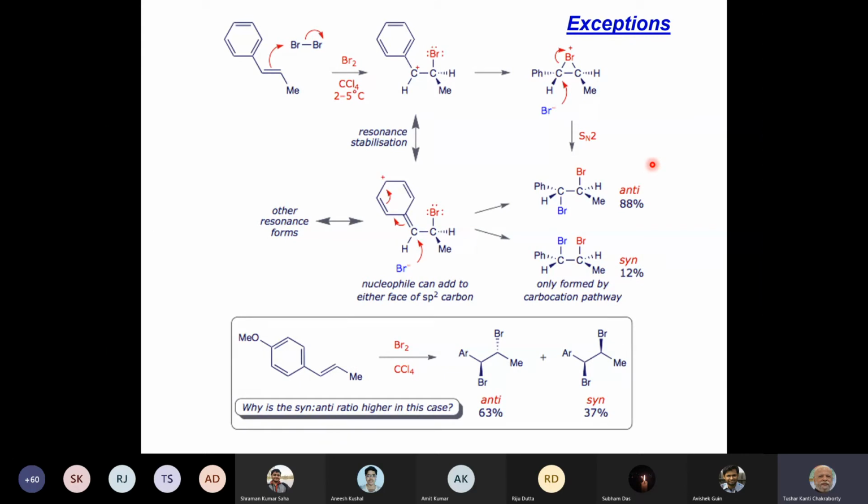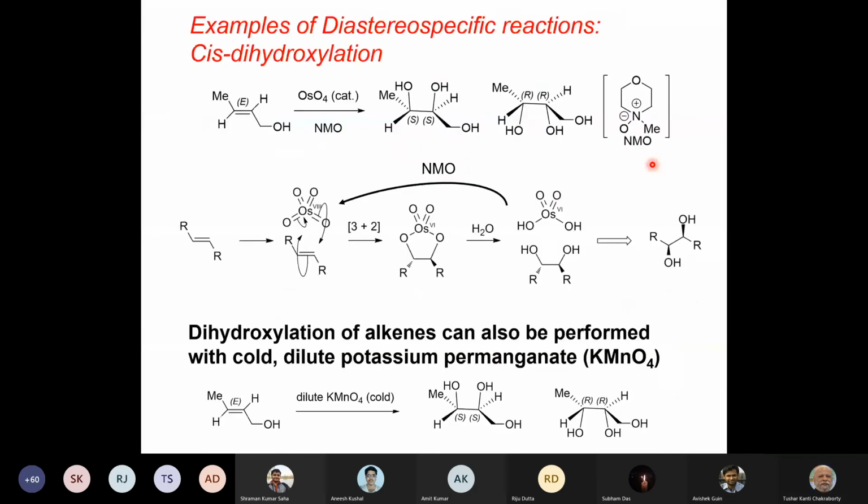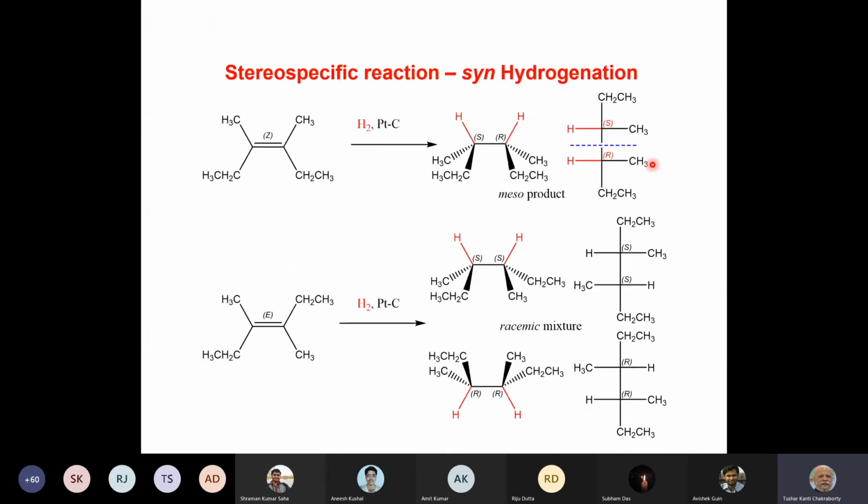So what we have learned here is how to construct a stereo center, and the first one we talked about is cis hydroxylation, using osmium tetroxide and potassium permanganate, and we know a little bit of the mechanism of this reaction.